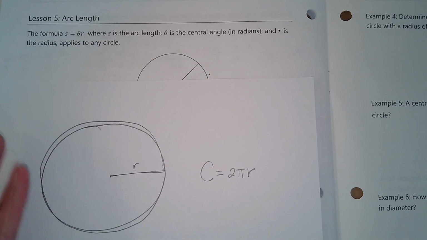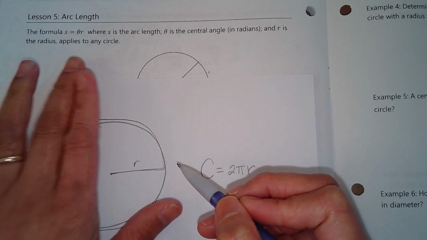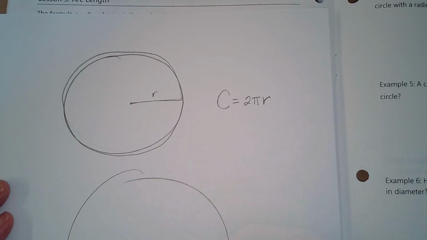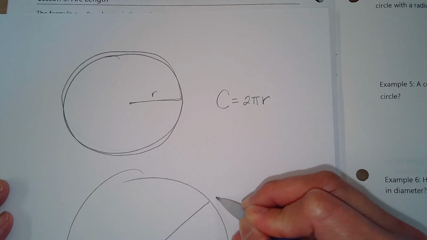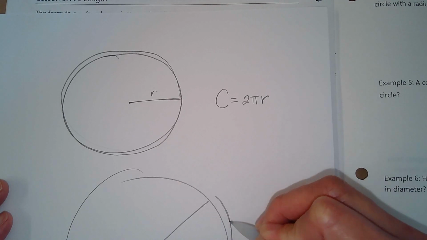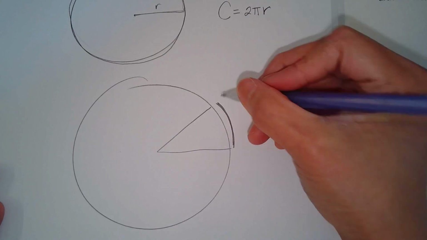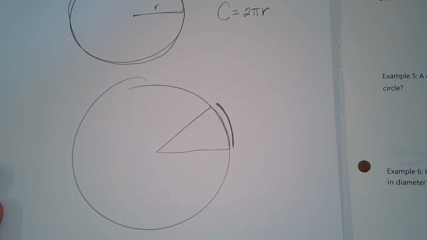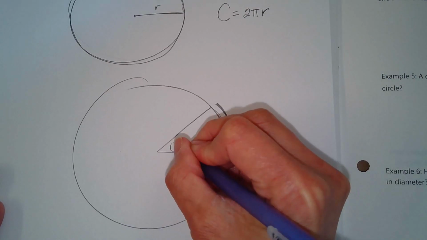The arc length is not the whole circumference of the circle, but what if you just want to do just this piece? What if you just want to know how long is this piece here? That's not rotating 2 pi, but it's only rotating pi.